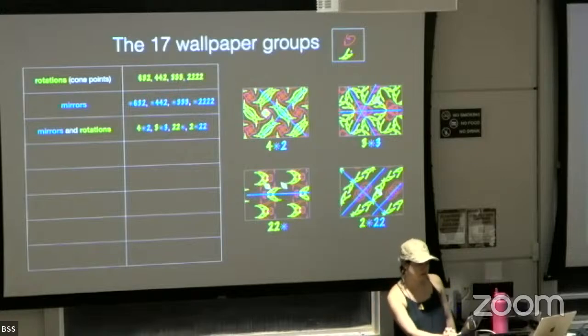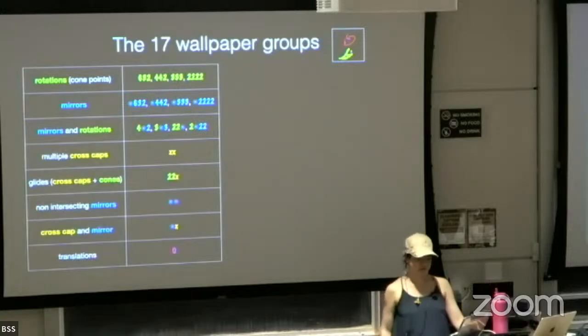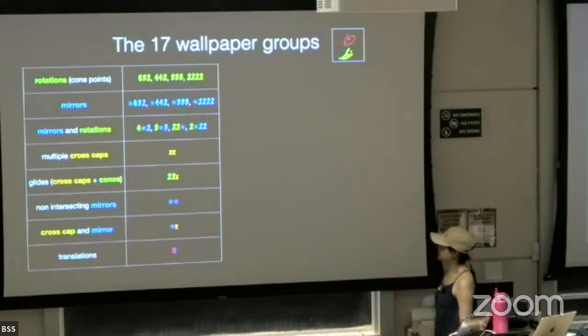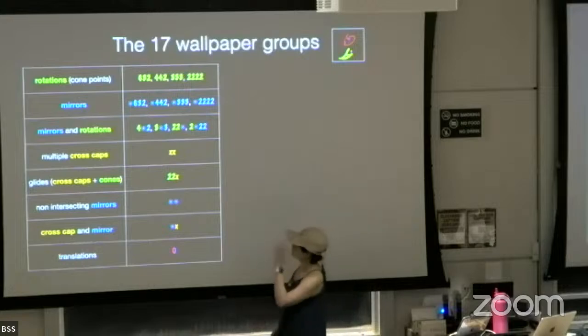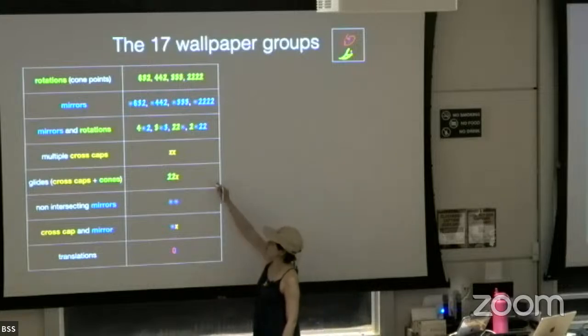There are all of these other special things. You can have multiple cross caps, which gives you two glide reflections, or glide symmetries, together. You can have a cross cap and a cone.